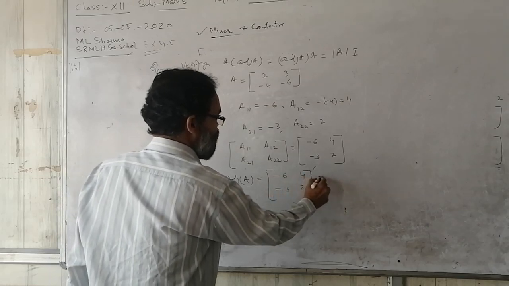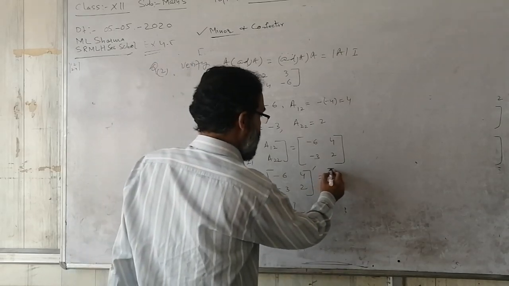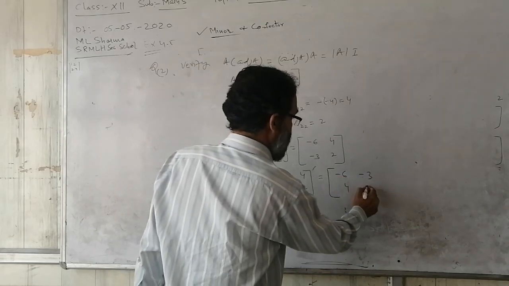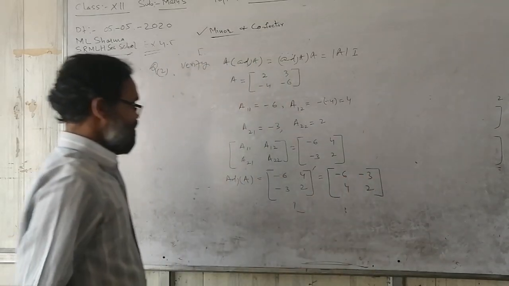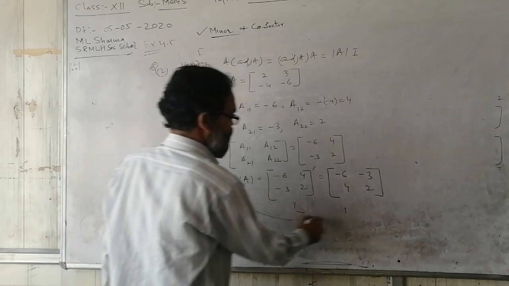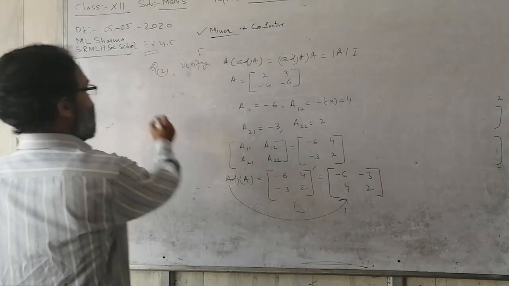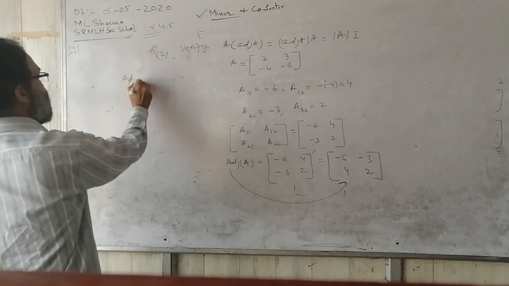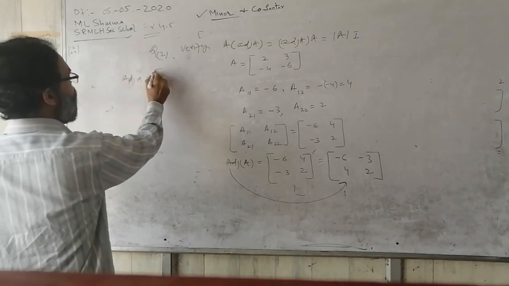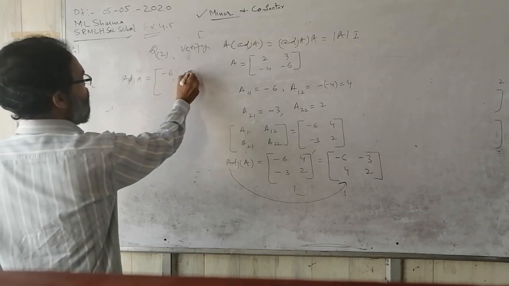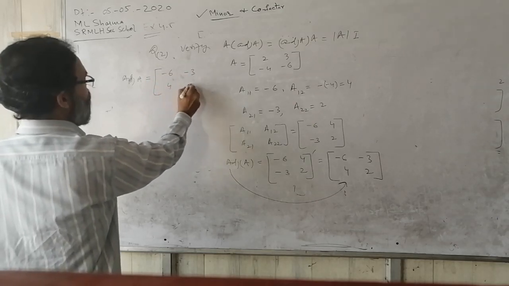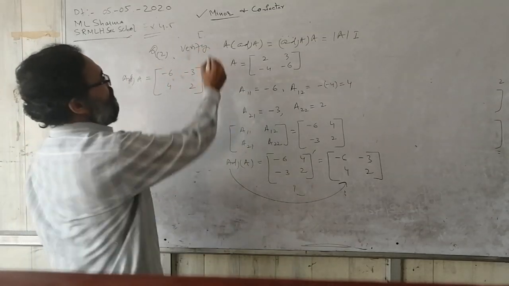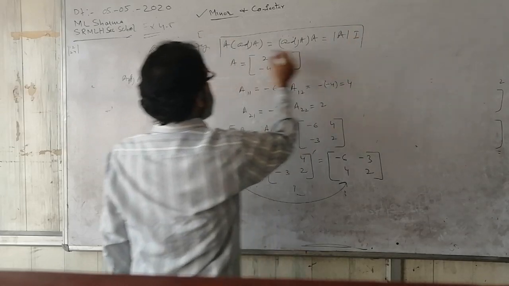So its transpose will equal to this. So this is the value of adjoint of A. So I can write adjoint A is equal to 6, minus 3, minus 4 and 2. Now I have to prove this result.